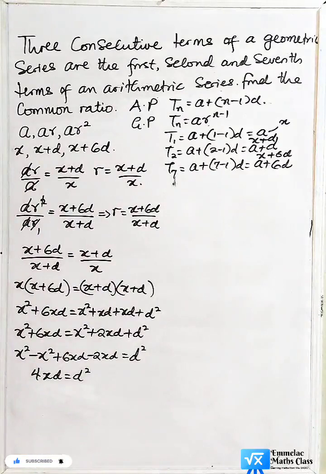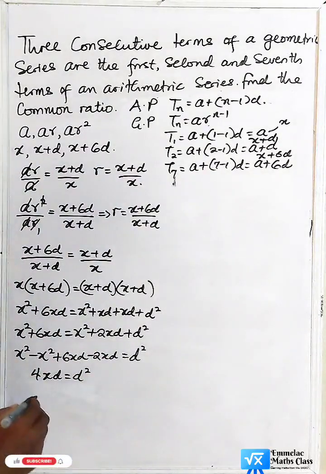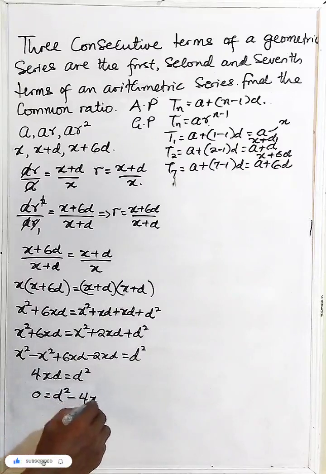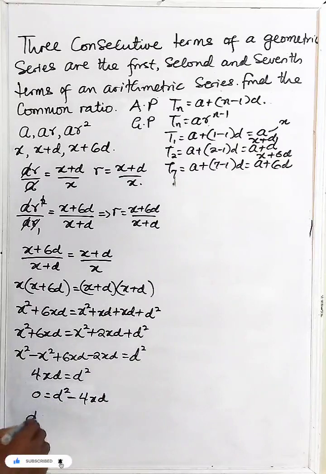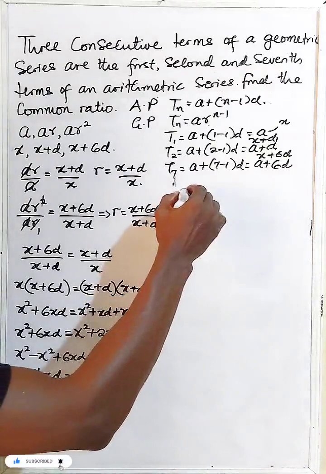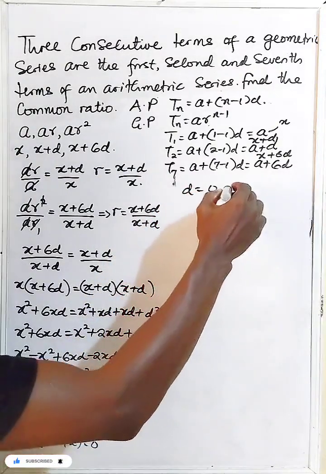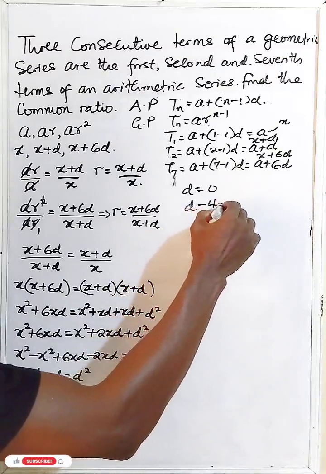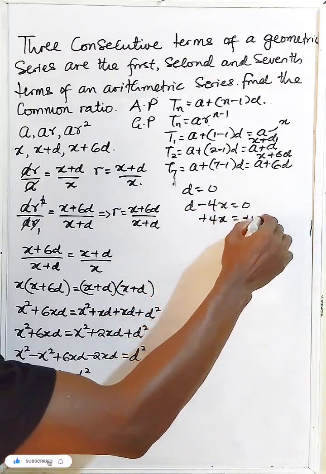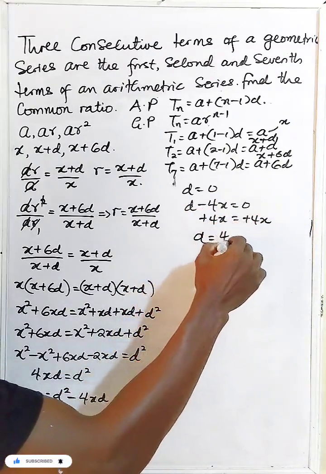Taking 4xd to the right hand side, we have 0 equals d squared minus 4xd. So rearranging, d squared minus 4xd equals 0. Now factoring out d, we have d times (d minus 4x) equals 0. So d equals 0 or d minus 4x equals 0.